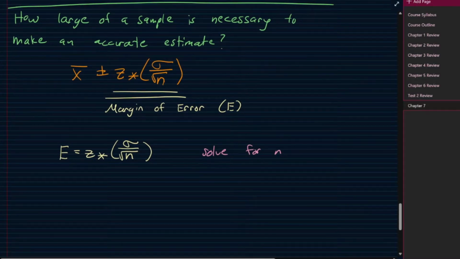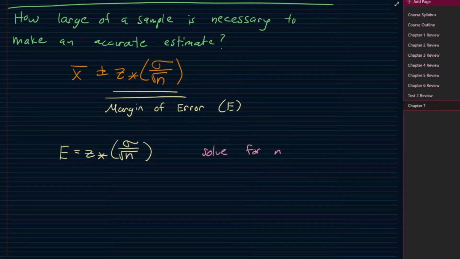So how do we solve for n here? First we can multiply everything by square root of n, giving us E times square root of n equals z star times sigma.